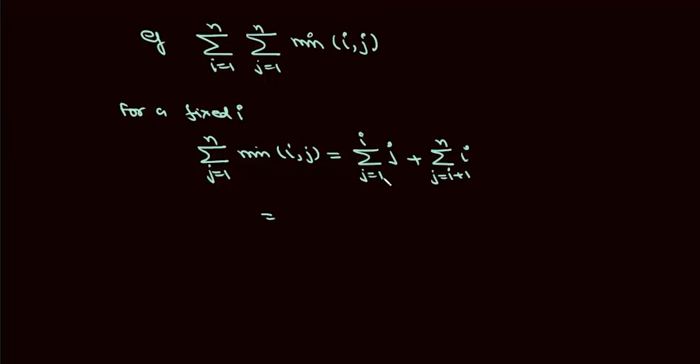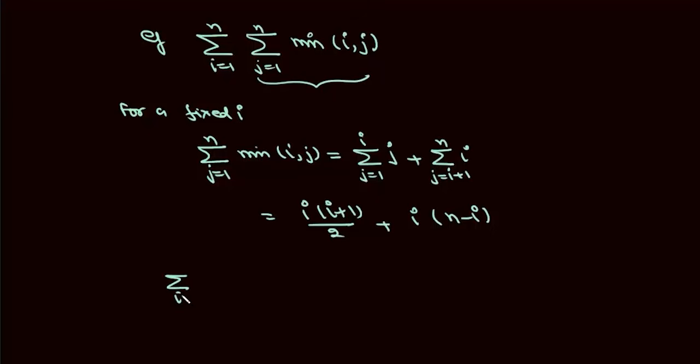Now this is the sum of the first i numbers, so it'll be i into i plus 1 by 2. And here the summation is in j, not i, so this is just a constant. So it'll be simply i into, and the number of terms will be n minus i. So this is your first part, and then we'll take summation over i.